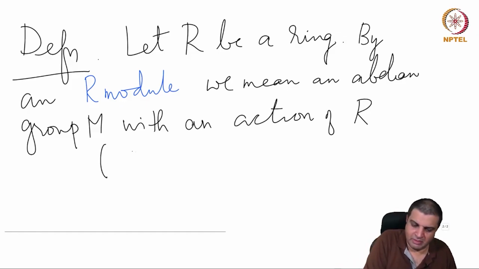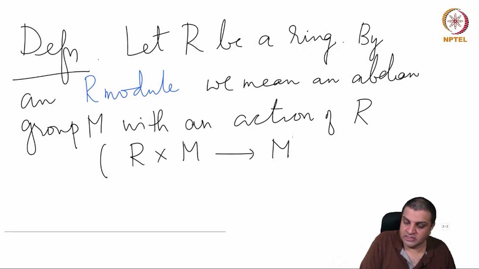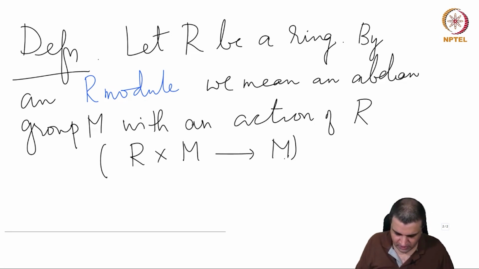So what exactly do we mean by an action of R? It is some map from R cross M to M satisfying certain properties.